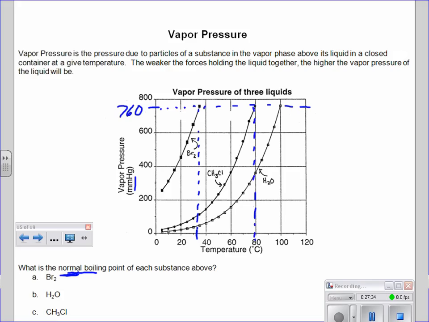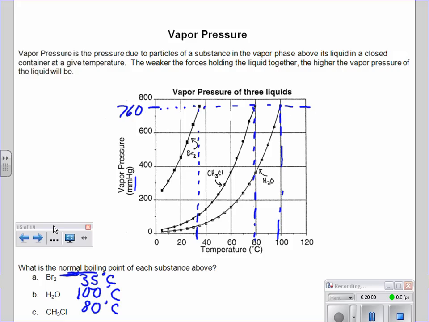We see that Br2, I'm going to call that 35 degrees Celsius. What's your water at, H2O? 100. And CH3Cl is going to be, let's call that 80 degrees Celsius.